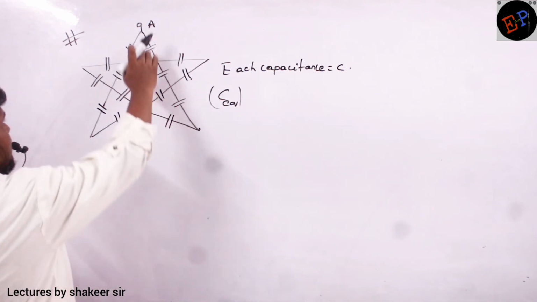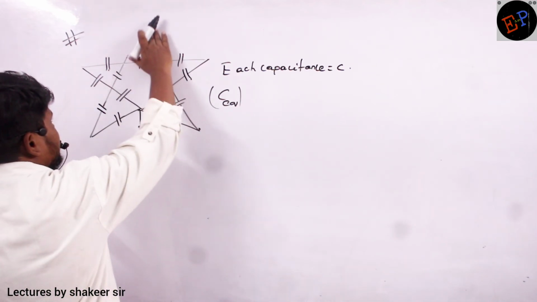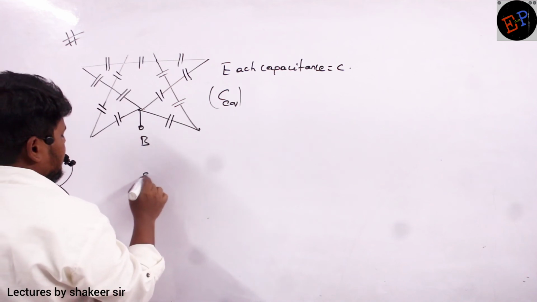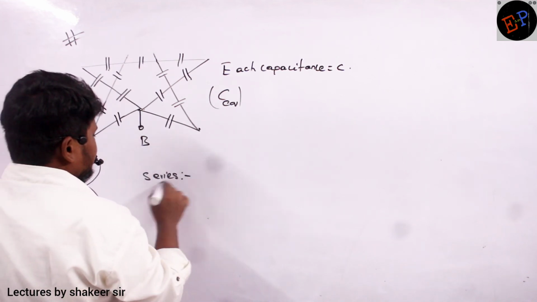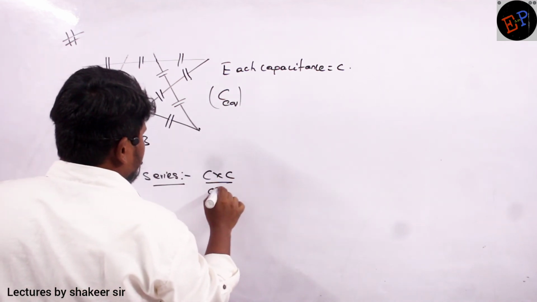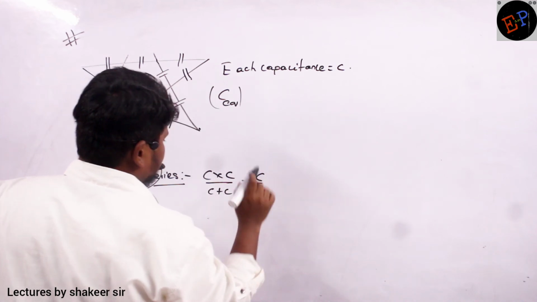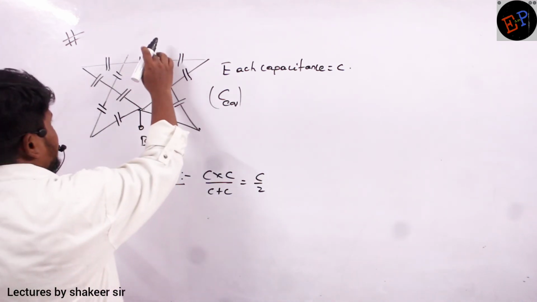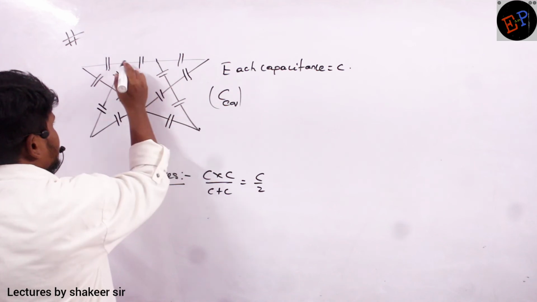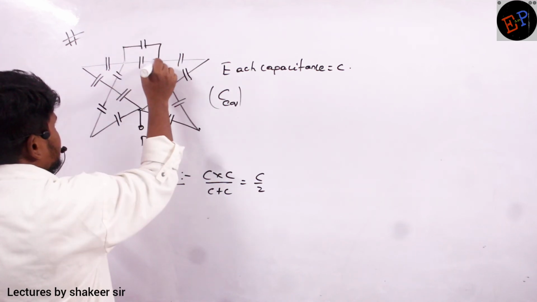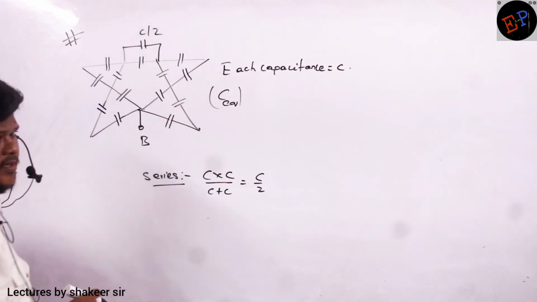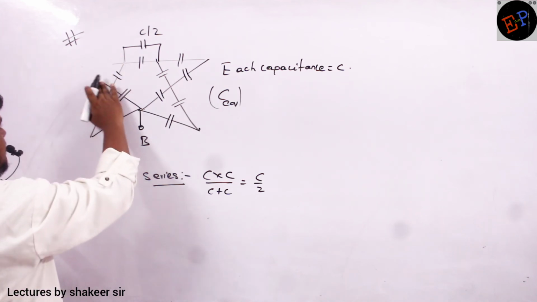So how can I write C and C? If they are connected in series, then the equivalent capacitance is C into C divided by C plus C, so it is C by 2. So instead of these two, I can write a single capacitor of capacitance C by 2. Is it correct? Similarly, replace all of them.